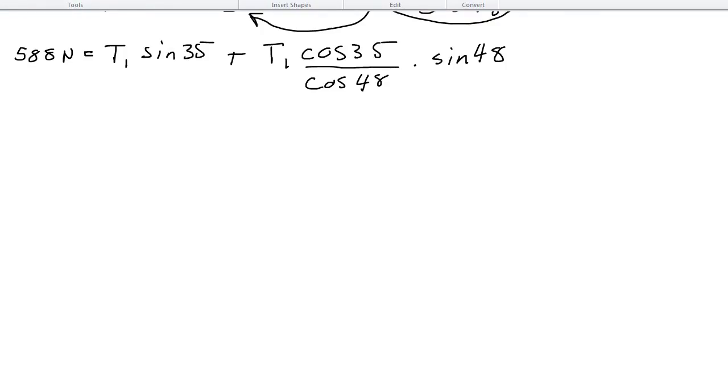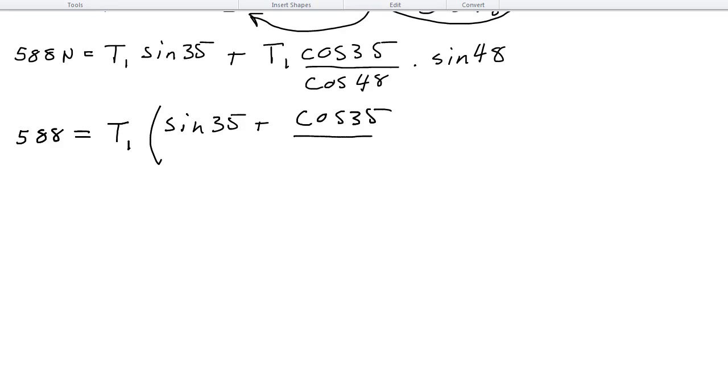Okay, so I'm going to factor out T1. So 588 is equal to T1 times sine 35 plus cosine 35 divided by cosine 48 times sine 48.